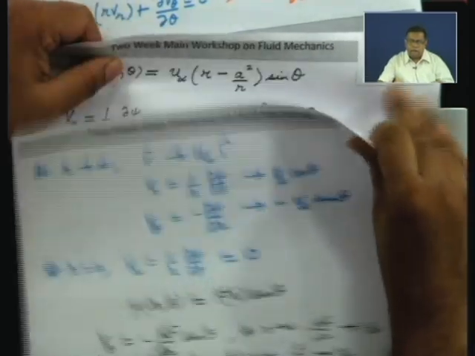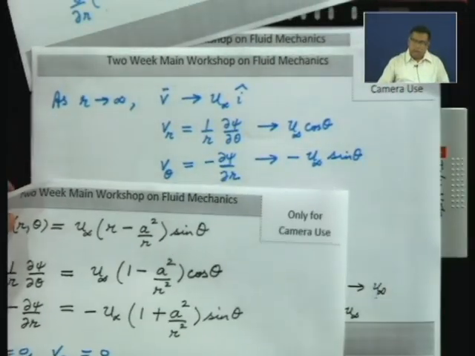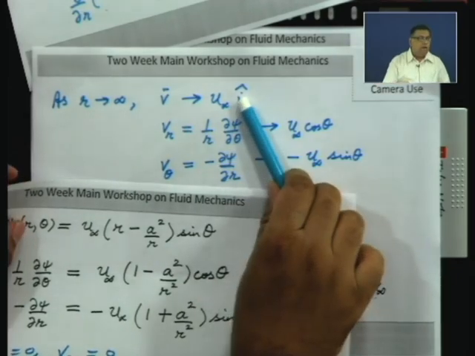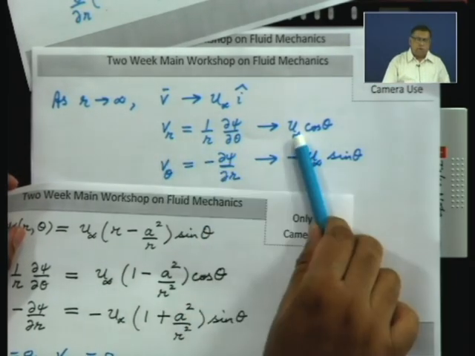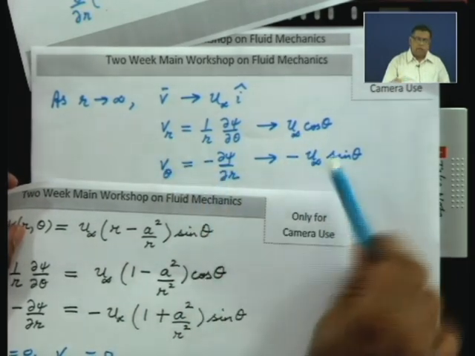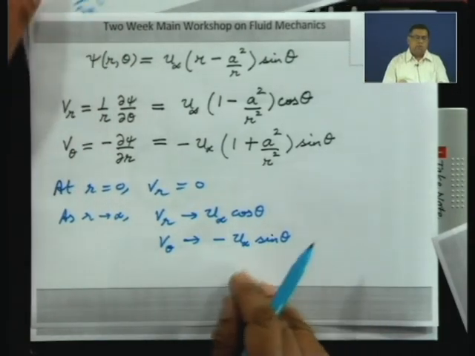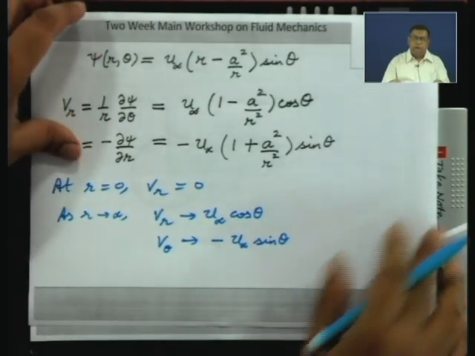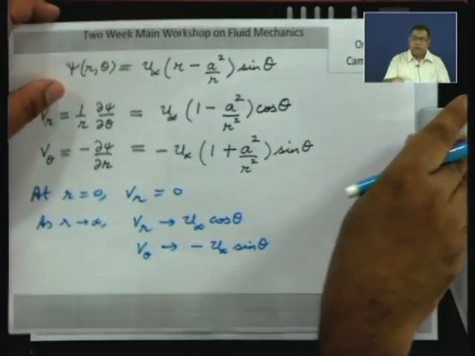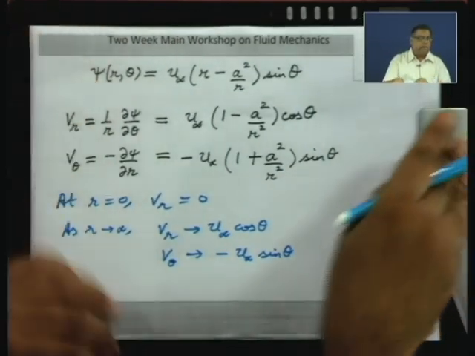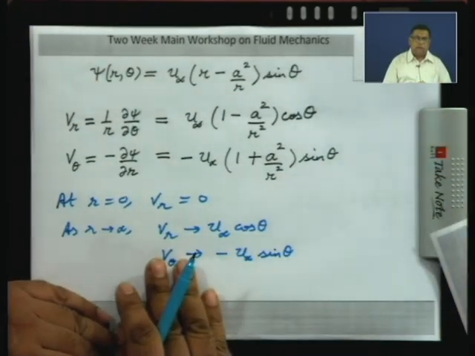Now, I will show you the conditions which we had found here. For the case of the uniform flow, we had argued that V r should approach u infinity cos theta and V theta should approach minus u infinity sin theta, and that is exactly what we have over here. So, this solution which we have found satisfies the boundary conditions at infinity as well as the boundary conditions at the wall.